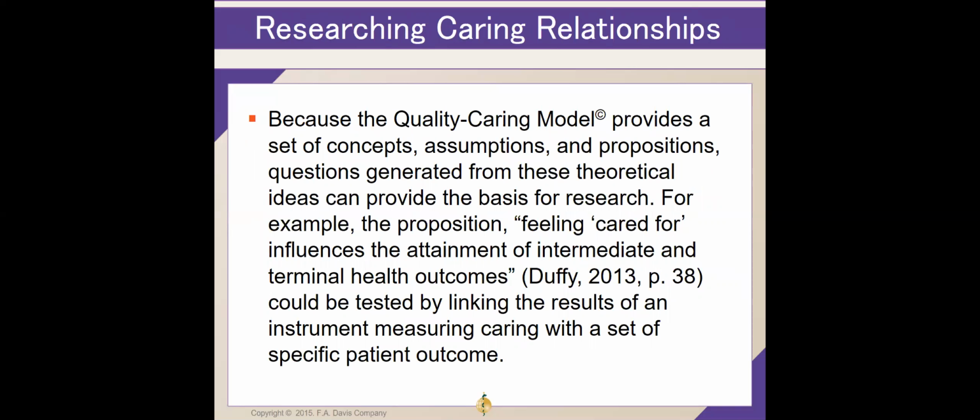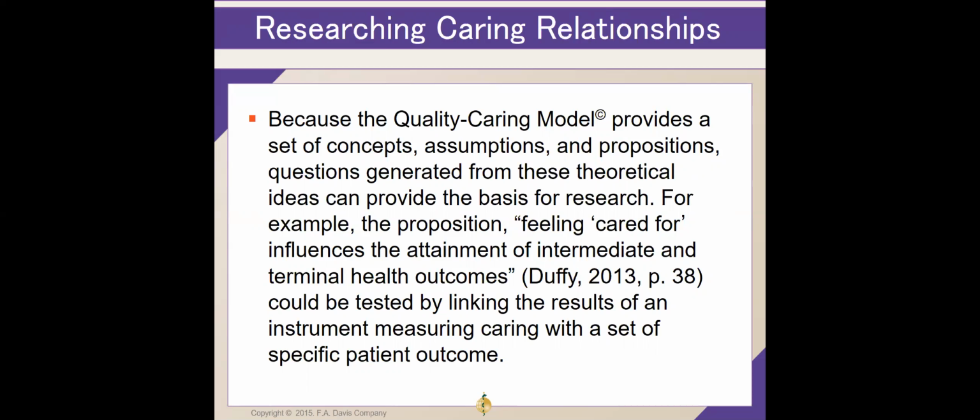And then these concepts, assumptions, and propositions, which are all components of theory, can be the basis for research. And I know many of you are still working to understand what propositions are. So here's an example. Feeling cared for, which remember is one of the outcomes of the quality caring model, influences the attainment of intermediate and terminal health outcomes.